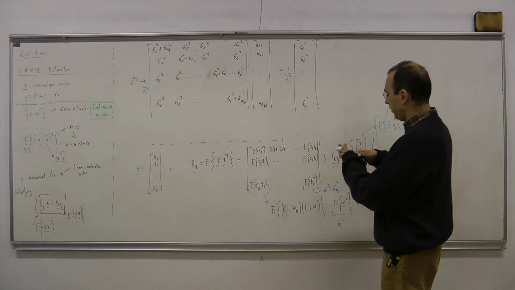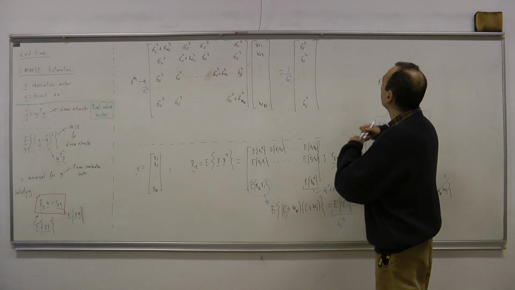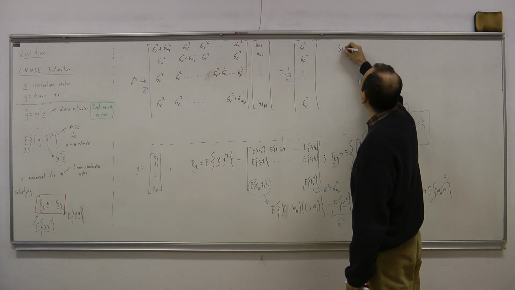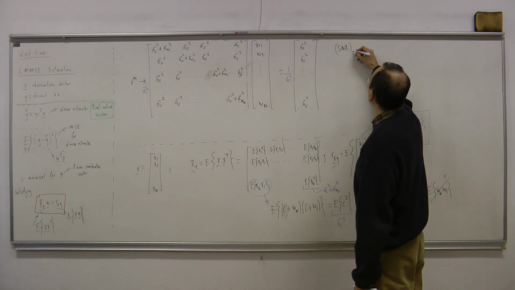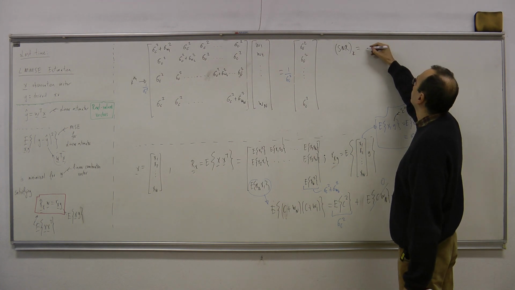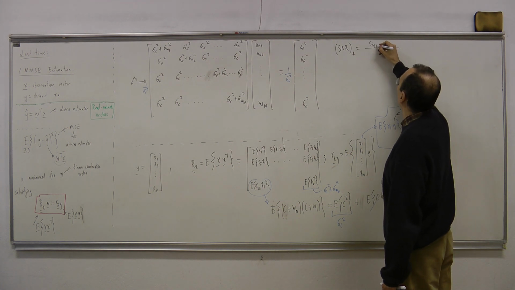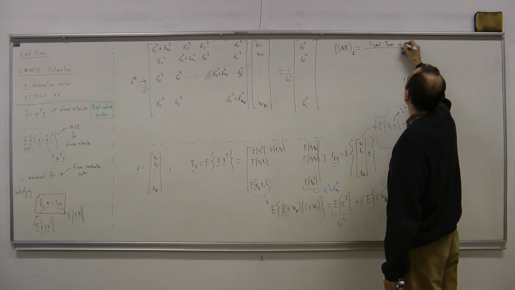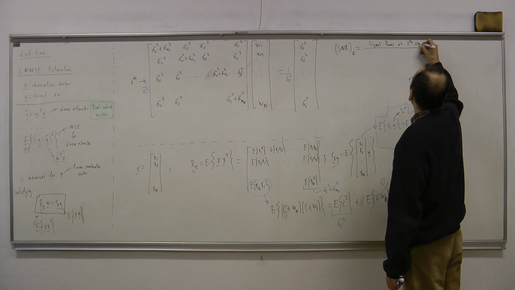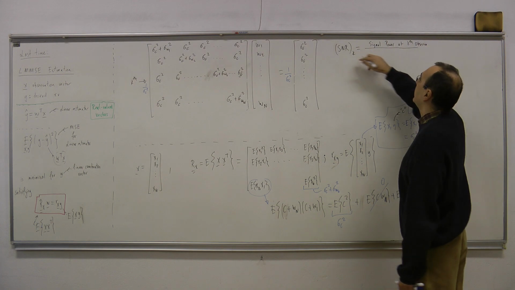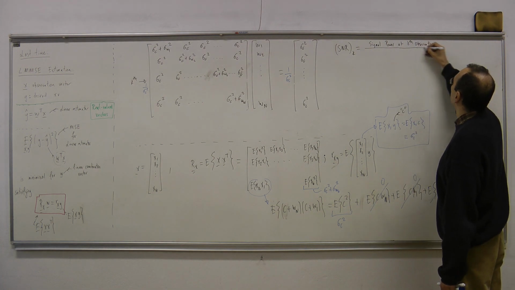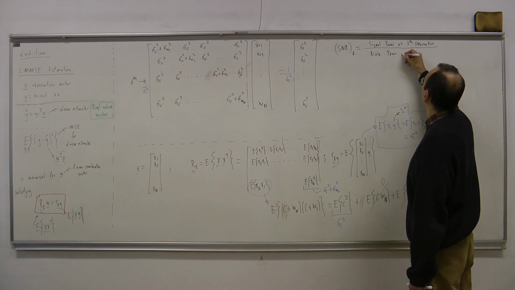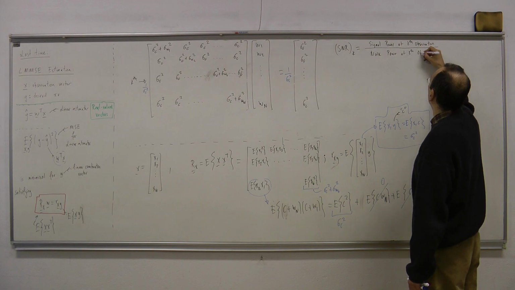Let me also define the following. Let me define here SNR. This is the signal power at the kth observation, so this is the kth SNR, divided by the noise power at the kth observation.